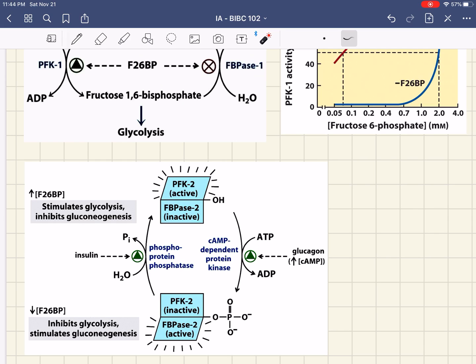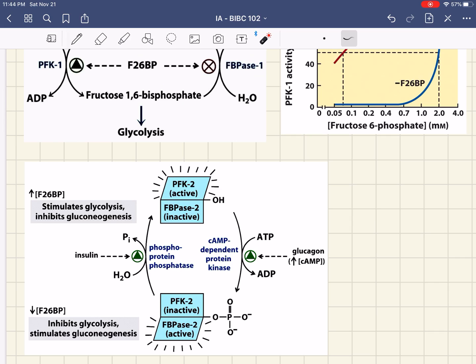Glucagon is secreted when there is low glucose, right? Professor Hampton likes to say glucagon is present when glucose is gone, right? Gone. I think it's funny. I definitely remember it like that. So when glucose is gone, glucagon is secreted.